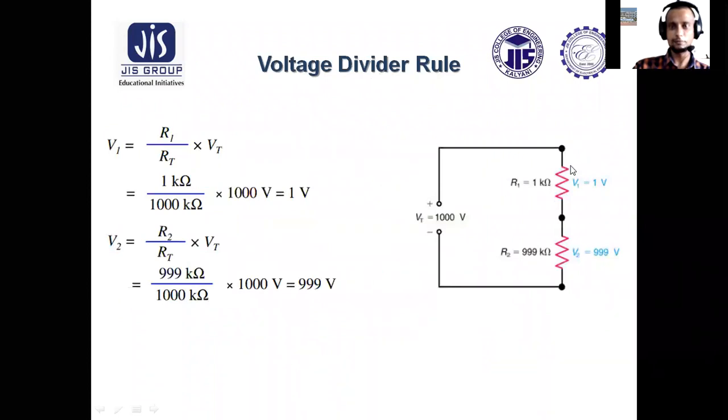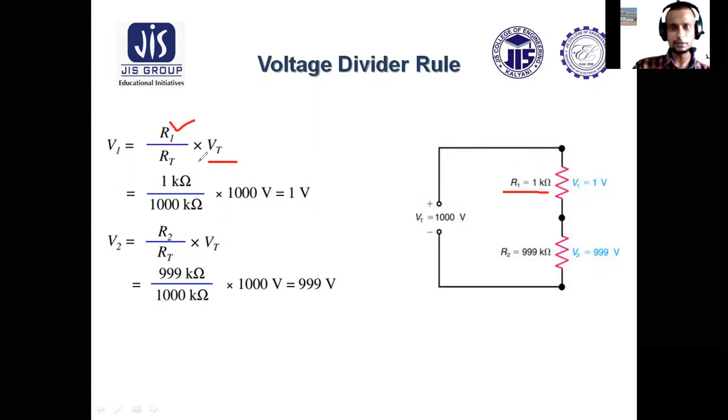Now let us solve a simple problem. These are two resistances connected in series and connected across a 1000-volt source. Now V1 equals what? V1 equals the total voltage multiplied by that resistance. V1 is the voltage across R1, so multiplied by that resistance divided by the sum of the resistances R1 plus R2.